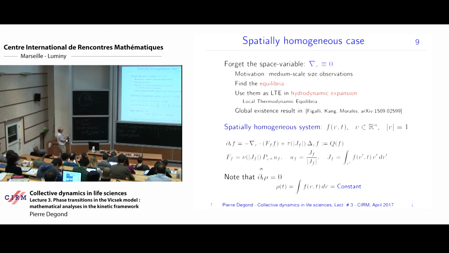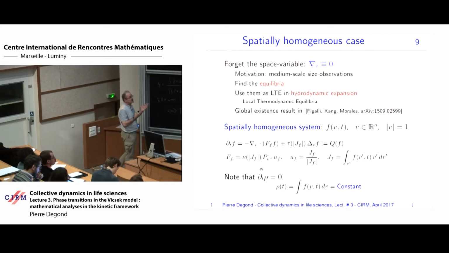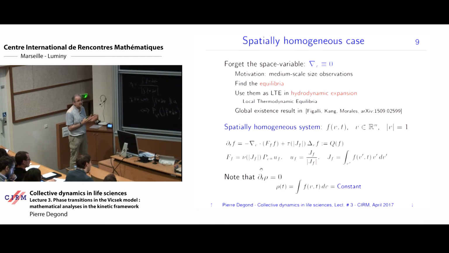So this case where I take tau and nu as functions of J is, say, just an extension of the case where I do not normalize this velocity in the model, right? So it's a slightly different model, and we are going to see that this difference allows the emergence of phase transition, which we didn't have before.